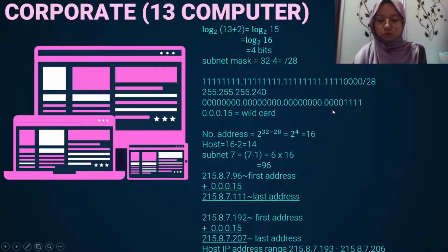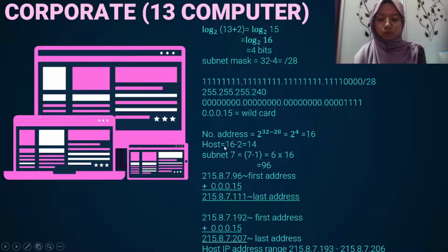So let's proceed. This is the number of addresses. We find it by using this formula: 2 to the power of 32 minus 28. 28 is our CIDR, so it equals 2 to the power of 4, which equals 16.